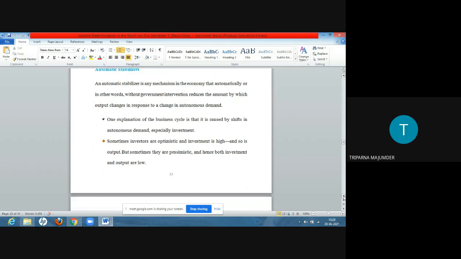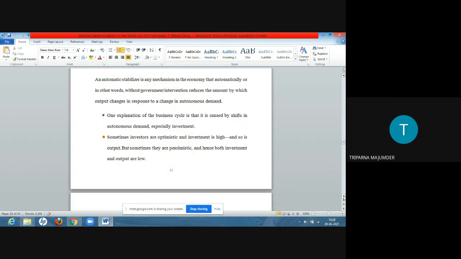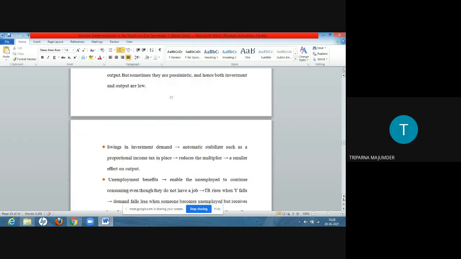Sometimes investors are optimistic and investments are high, and so is output. But sometimes they are pessimistic and hence both investment and output are low. Swings in investment demand lead to automatic stabilizers such as a proportional income tax intake. This reduces the multiplier and leads to a smaller effect on output.